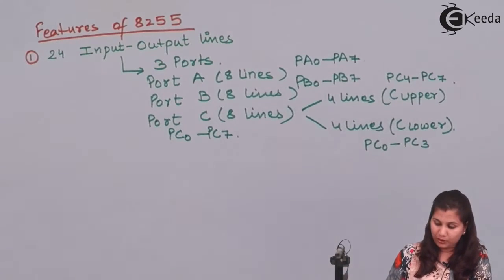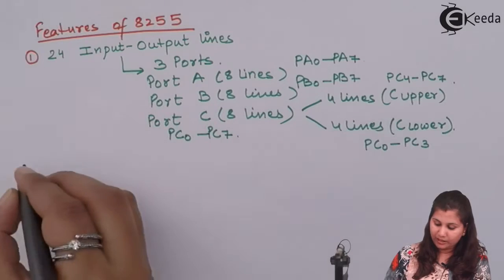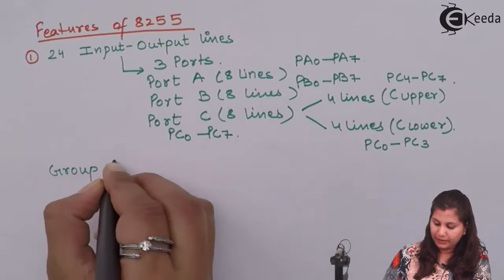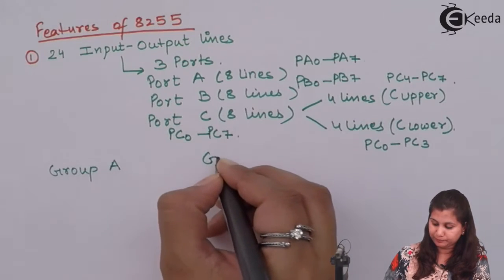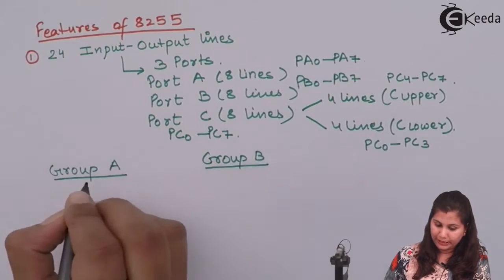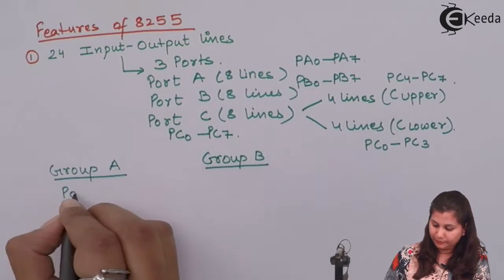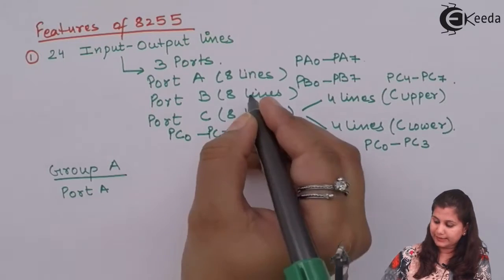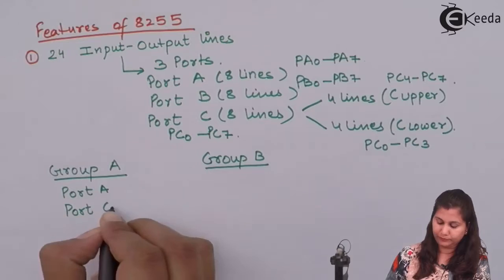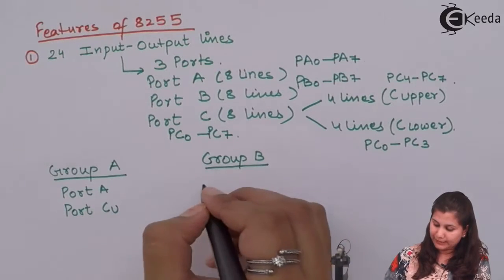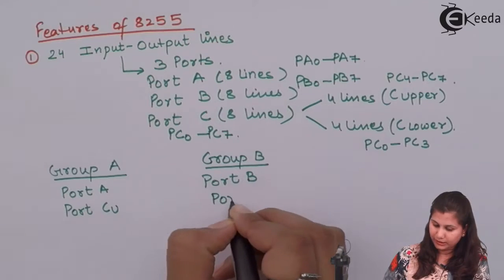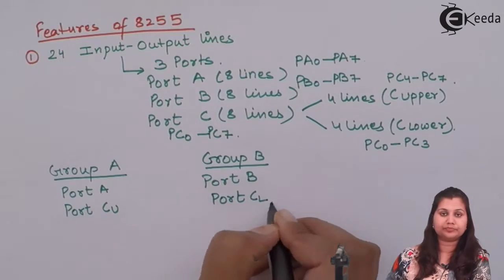Okay. Now these ports are grouped into 2, group A and group B. Group A has port A and C upper, and group B has port B and port C lower.